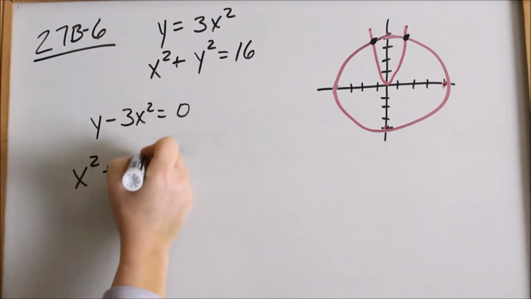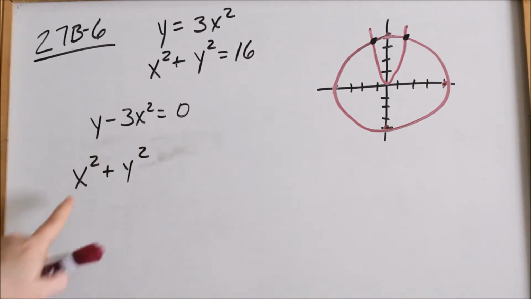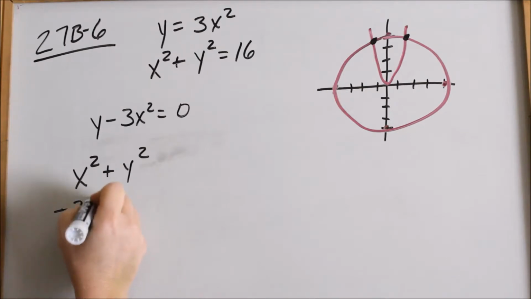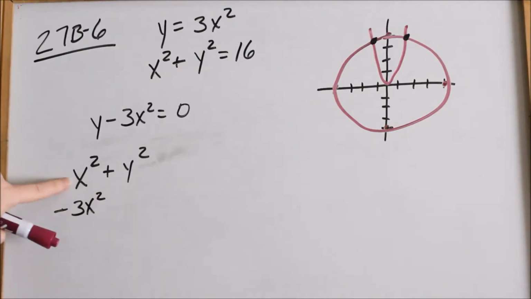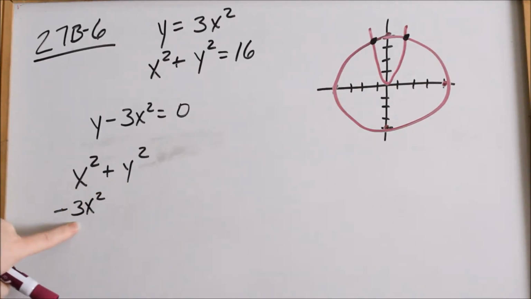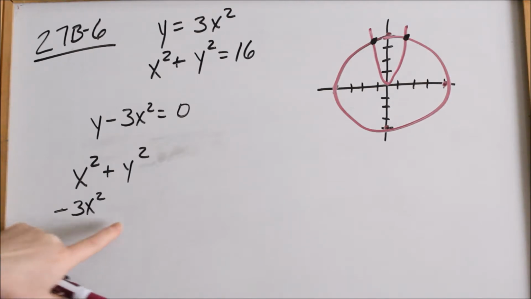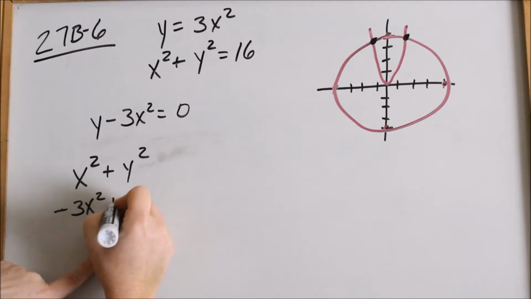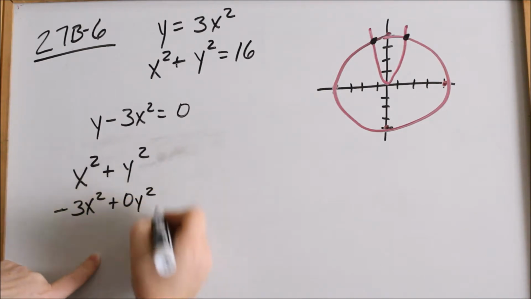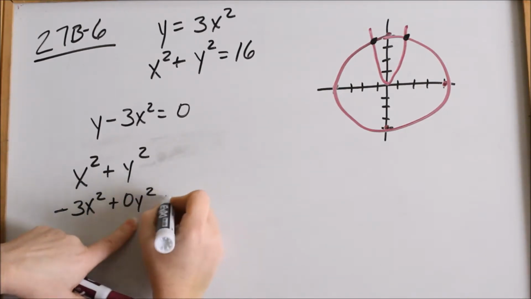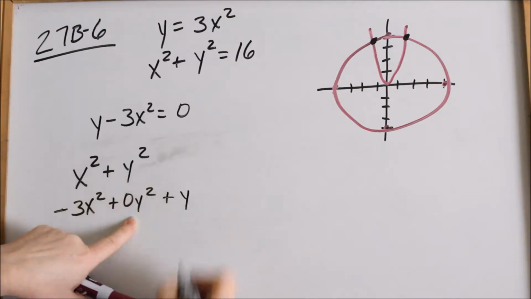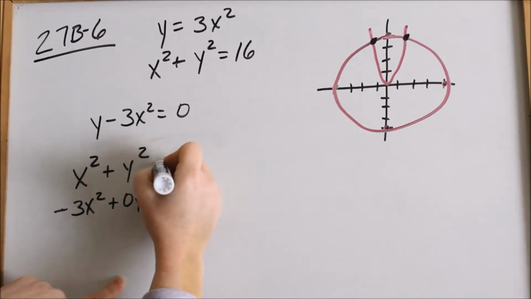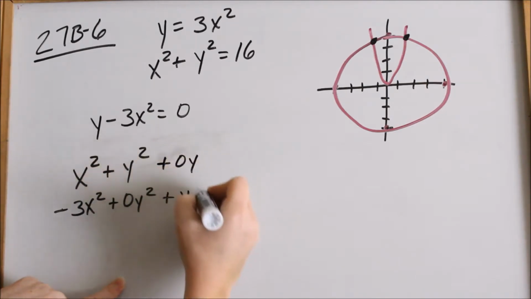Both equations have an x squared term, so I'm going to line up my x squared terms. My circle has an x squared term, and the parabola has an x squared term. My parabola does not have a y squared term in it, so I can just write 0y squared here. But my parabola does have a y term in it, right there, but my circle does not, so I can write a 0y.